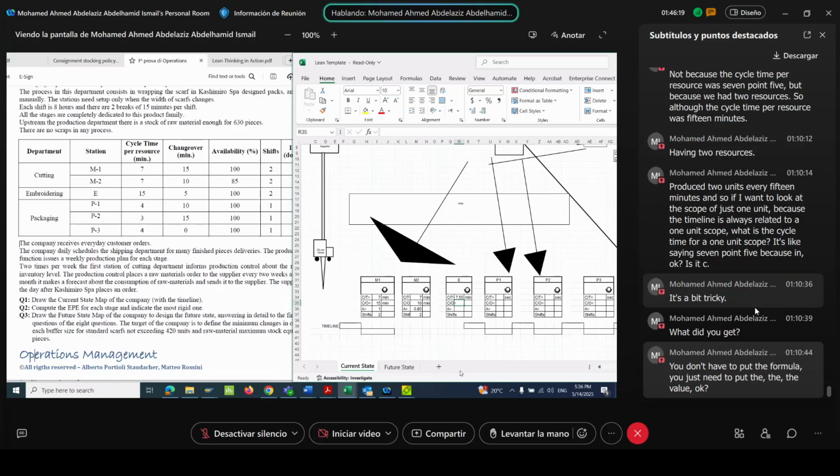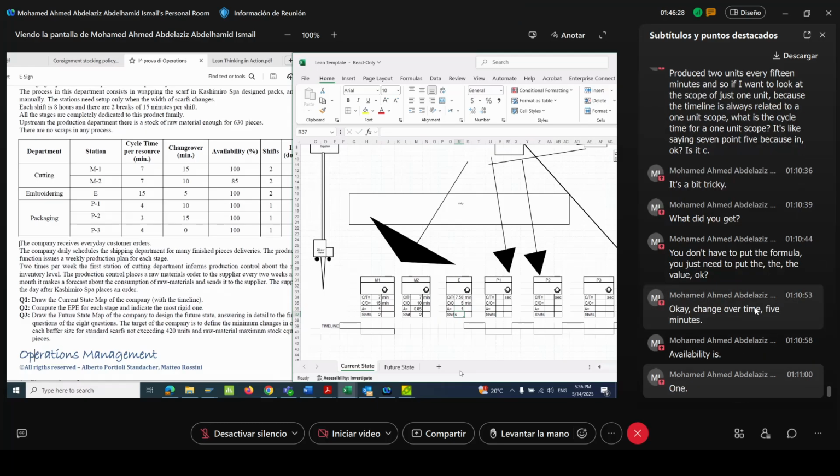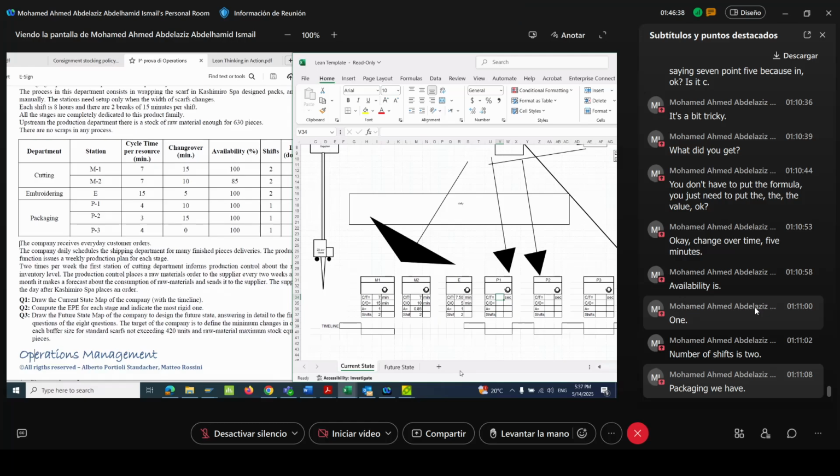Okay, changeover time, 5 minutes. Availability is 1. Number of shifts is 2. Packaging 1, we have 4, 10, 1, 1. And this is minutes.